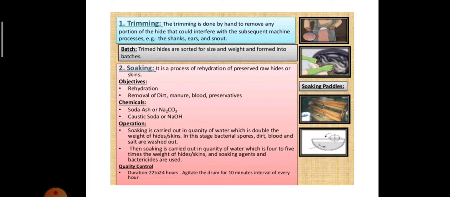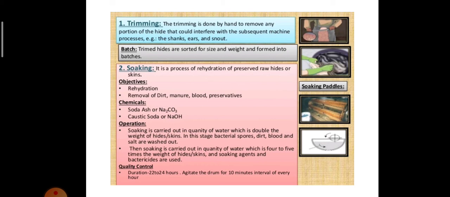Soaking is carried out in a quantity of water which is double the weight of hides, so we should take more water. In this stage, bacteria, spores, dirt, blood and salt are washed out. Before we soak our hides and skin, the raw materials may be stocked for about 4 to 6 months, because they are received from various places.